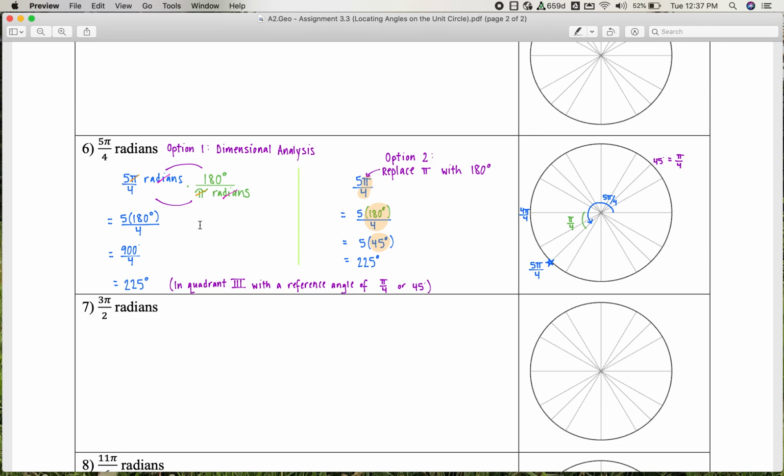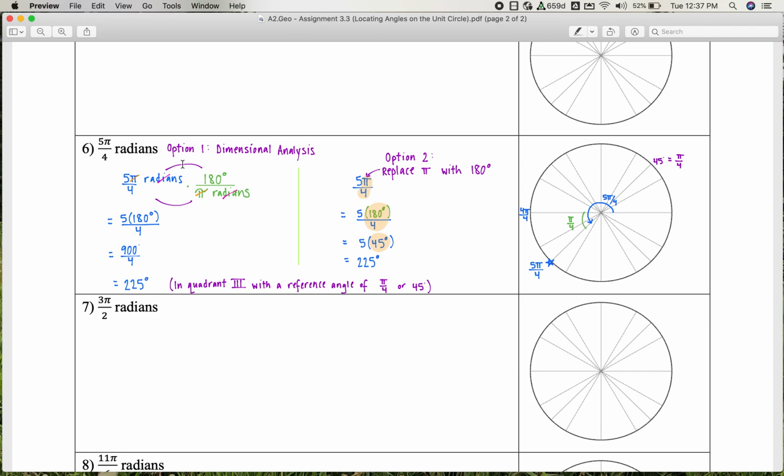All I'm left with on the top as I multiply across is 5 times 180, and on the bottom I'm just left with a 4. The only unit left is degrees, so I'm going to be in degrees when I finish. Now I can pick up my calculator, multiply 5 times 180, I get 900, divide that by 4, and I now know this is 225 degrees.